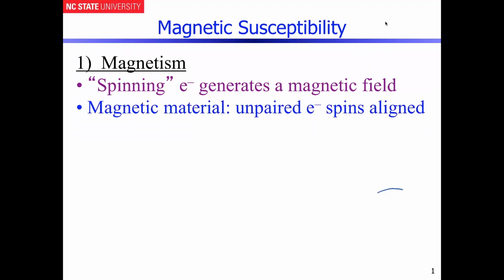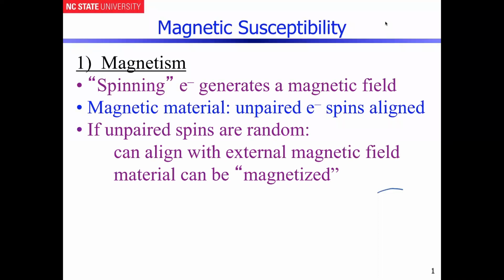And the typical concepts that you think about with any magnetic material is that they naturally have magnetism because you have unpaired electron spins. And if they're randomly oriented, like they would be, for example, in a powdered sample, you can actually magnetize the material because the very little magnets that you're basically generating in each molecule can be aligned with an external magnetic field.